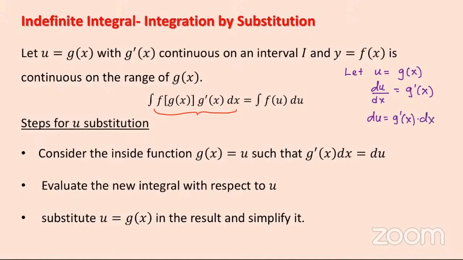We can use this information to substitute. So this integral will be the integration of f of g of x, where g of x we consider u, multiplied by g prime x dx. And here you can see g prime x dx is du.